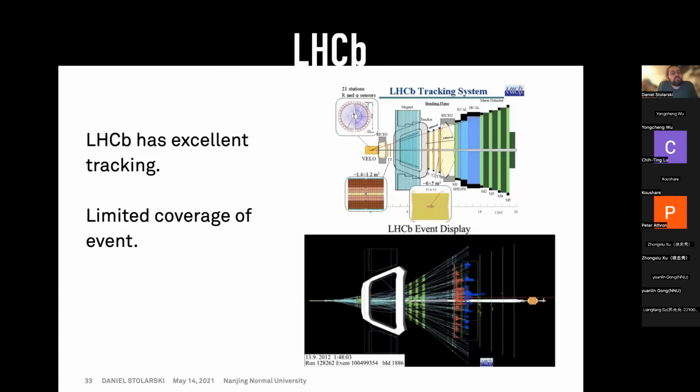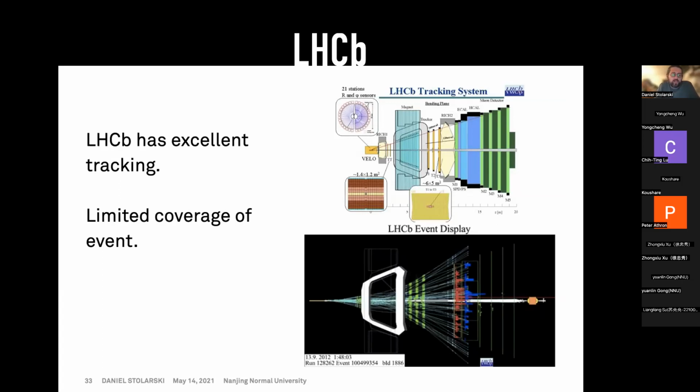LHCb is actually pretty well designed for this, because it's designed to do tracking of displaced objects. Like B mesons are exactly this, and it has amazing tracking. Of course, LHCb has limited angular coverage, geometric coverage, as compared to CMS and ATLAS. It's only a little forward slice, but still, it has some very strong advantages.